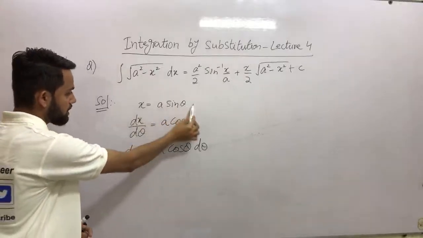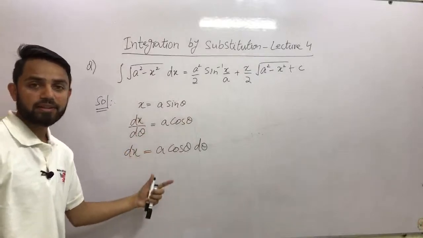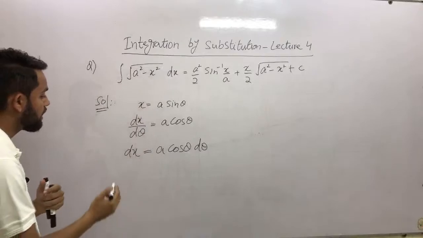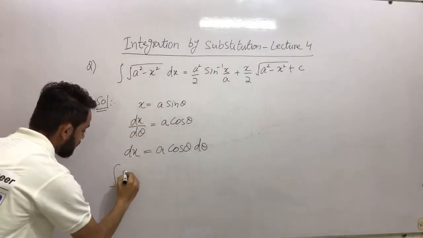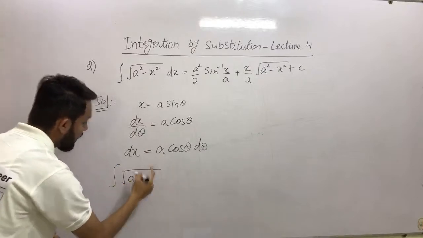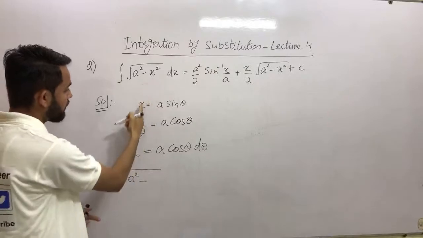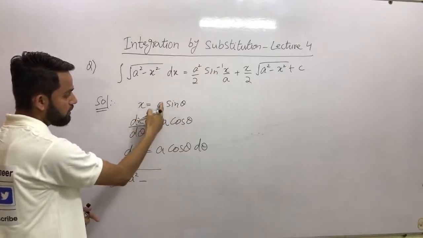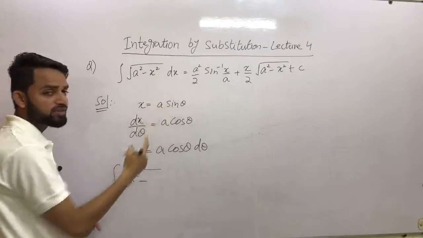The first step is to take the right substitution, then you have to take the derivative, and then you have to plug these values back into your initial integral. So the integral of square root of a square minus x square. Now you will not be writing x; instead of x, we will write a sine theta. Since there is a square, we will have the square on both terms, on a and on sine as well.